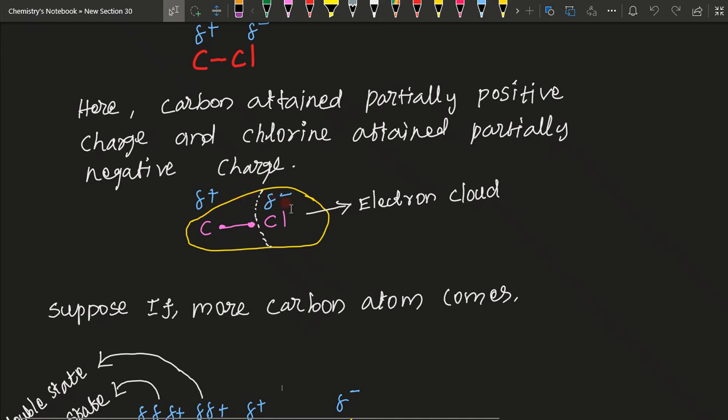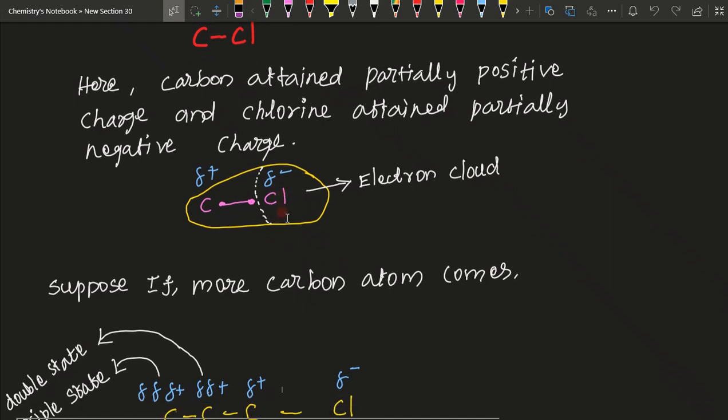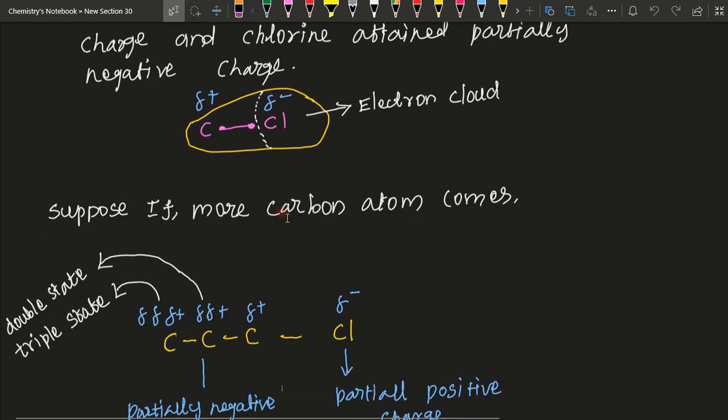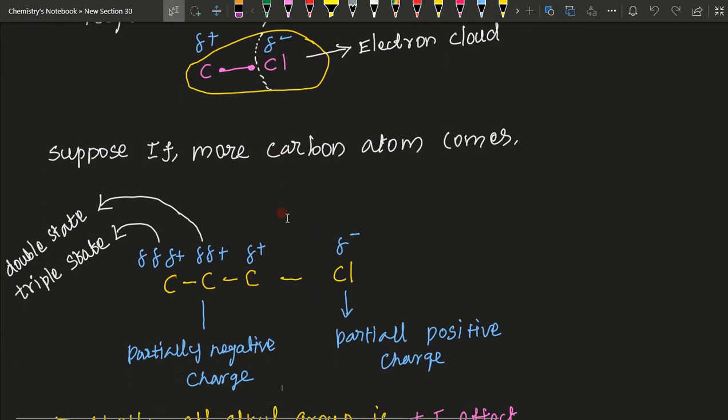So the chlorine atom pulls the electron from carbon, so this side has the bigger size. This side is small size. This side is called electron cloud because there is more electronegativity. Suppose more carbon atoms come, we will see carbon, carbon, carbon, chlorine.